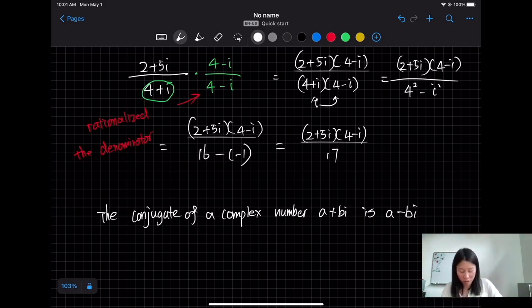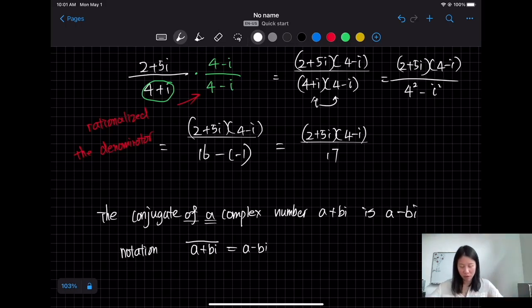The notation usually is a plus bi with a straight line on top. So your conjugate is a minus bi. The conjugate helps you to rationalize the denominator.